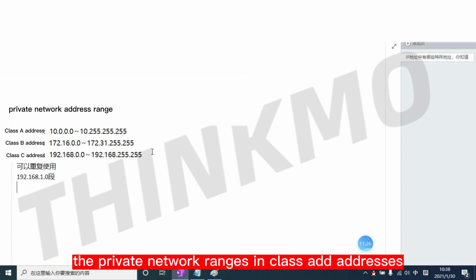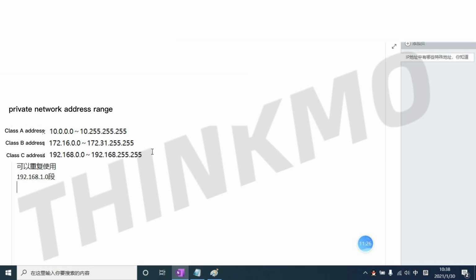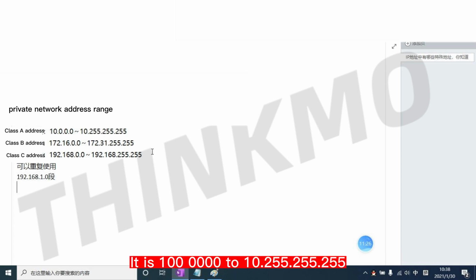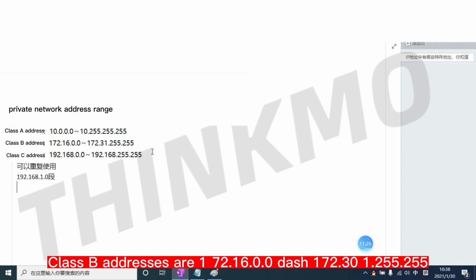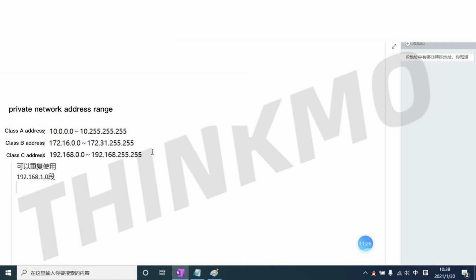The private network ranges: in class A addresses, it is 10.0.0.0 to 10.255.255.255. Class B addresses are 172.16.0.0 to 172.31.255.255. The class C address is 192.168.0.0 to 192.168.255.255. So that's the special addresses we're talking about today.